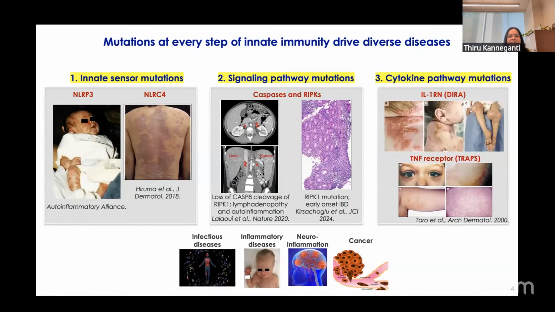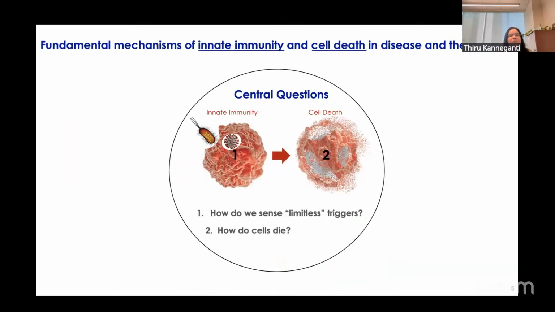So you can see and appreciate how important it is to understand innate immunity and the pathways that are driven by innate immune sensors. So for almost the last 3 decades, we've been trying to ask two fundamental questions. One is, how do we sense this limitless number of triggers?